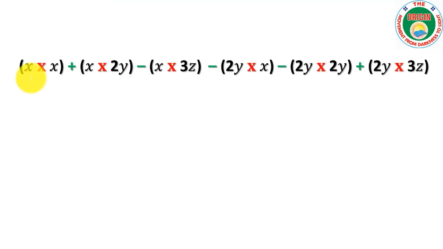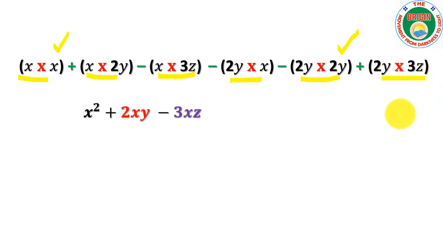Next, the same step: x into x, x into 2y, x into 3z, 2y into x, 2y into 2y, 2y into 3z. I multiplied and wrote a separate step here. X into x is x square. X into 2y, plus sign, you should remember the sign: 2 into 1, 2, x into y is 2xy.